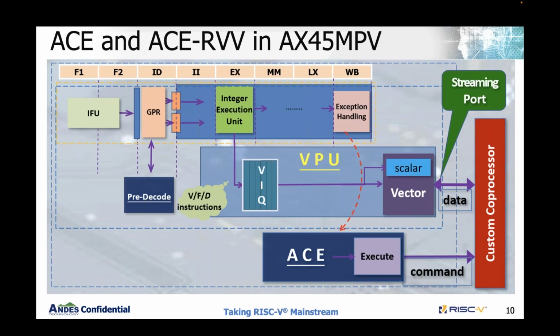Based on that command, the coprocessor takes the data from the external memory, might do some massaging, and prepares the data for the vector pipe. You then design an ACE RVV load-store instruction that takes that data from the coprocessor. This interface is much faster than accessing the data through the L1 or L2 cache and the CPU, the BIU.